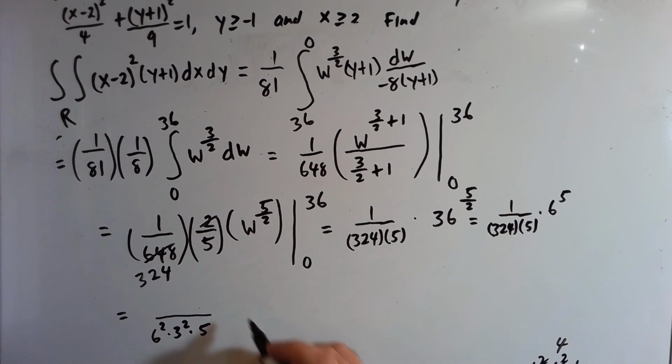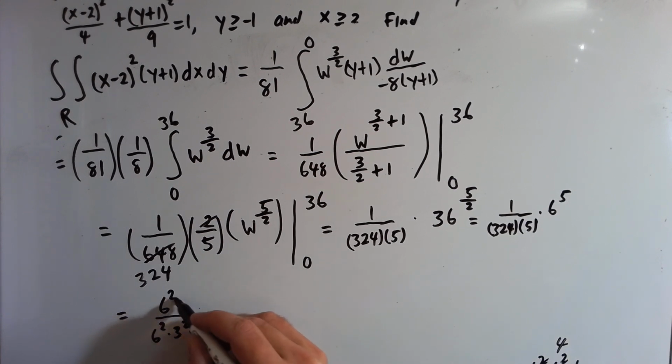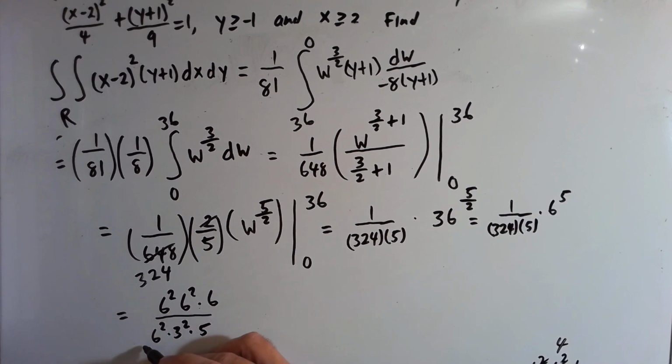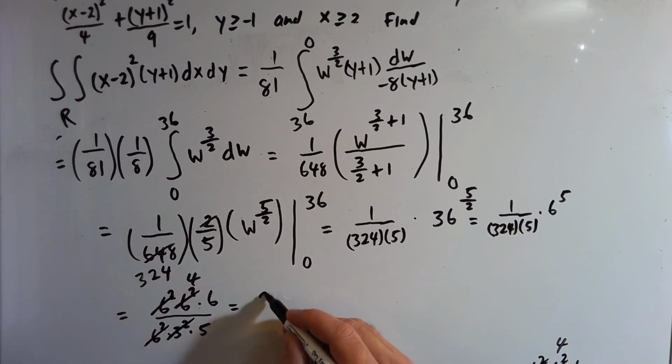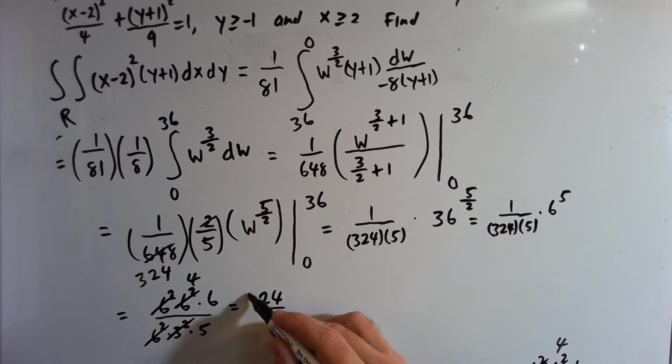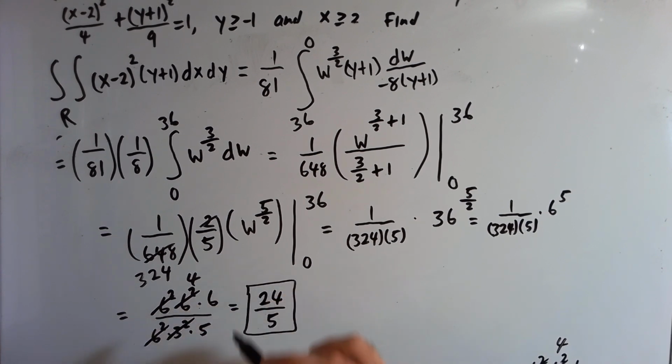Then 6 to the 5th you can write as 6 squared times 6 cubed. We cross out there. This will go in here, it'll be 4 left. So you're left with 24 over 5, which is the same answer we got from part 1, so we're done.